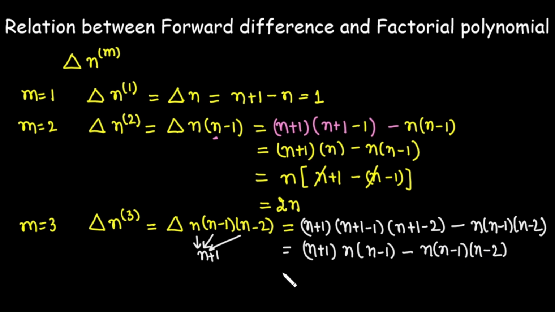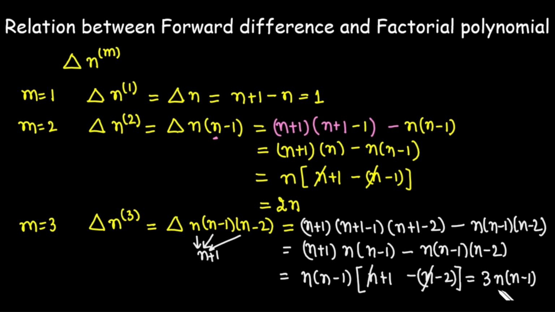So here we have two terms as a common, that is n into n minus 1, and the remaining term is n plus 1 minus this, that is n minus 2. So this n gets cancelled with this. This is plus 1 plus 2, that is equal to 3 into n minus 1. Now this is equal to what in terms of factorial polynomial? This is equal to 3 times of n raised to power 2 factorial polynomial.